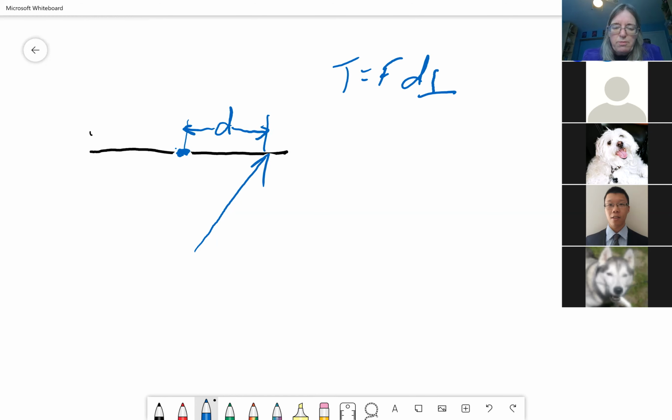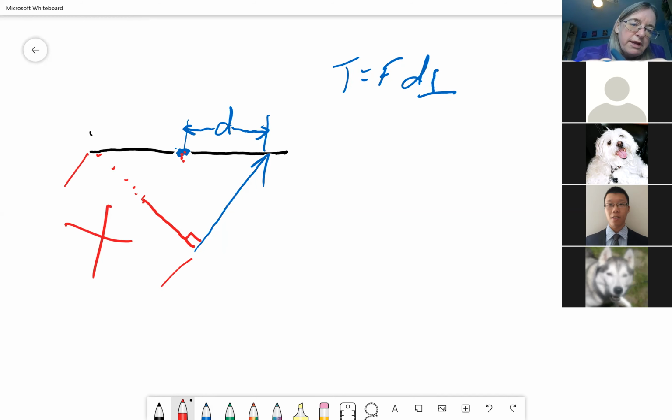That is not the moment arm. The moment arm is, I have to go somewhere along the line of action of this force and draw a line that, if I drew it 90 degrees to this force, like here, it actually passes through this axis of rotation. So this would not be a moment arm.